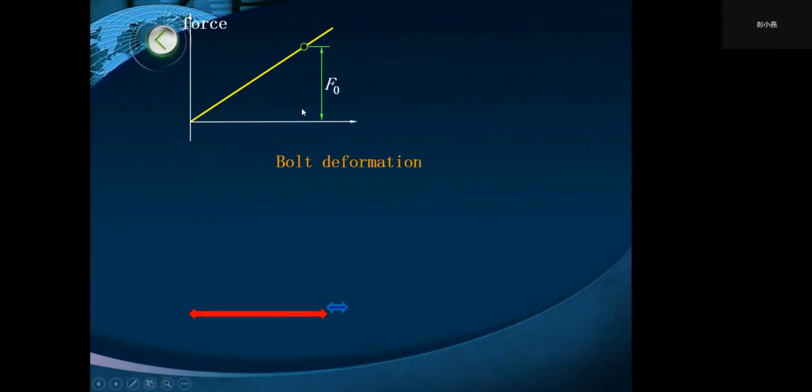This is the force of preload, and this is the deformation lambda B0, the elongation of the bolt under the preload F0. They have this relationship, satisfying Hooke's law.